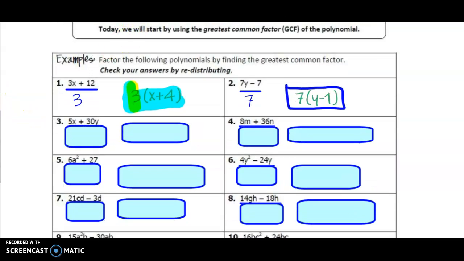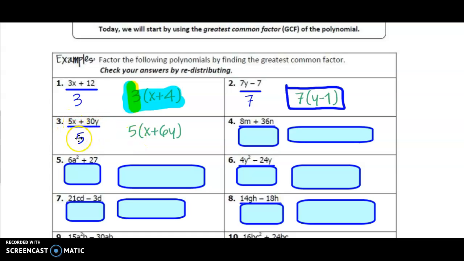When I look at my next problem, the greatest common factor that goes into both 5 and 30 is 5. Now they have variables, but there's an x in this term and a y in that term. They don't match, so the only common factor is the 5. When I factor out the 5, I put the 5 on the outside of the parenthesis, and then I divide each part by that 5.